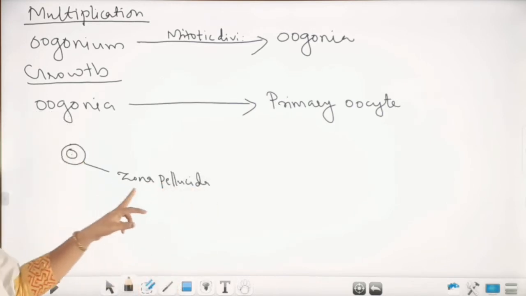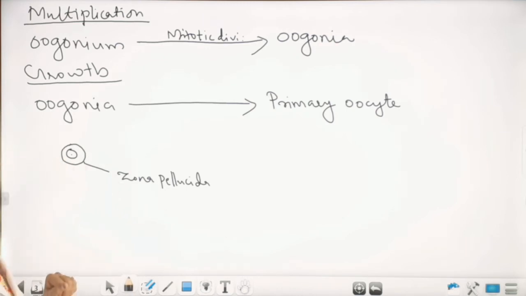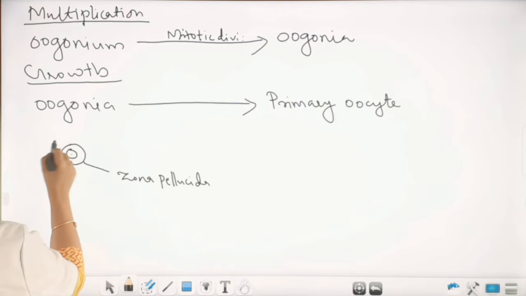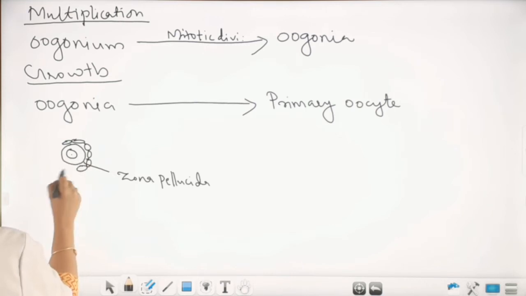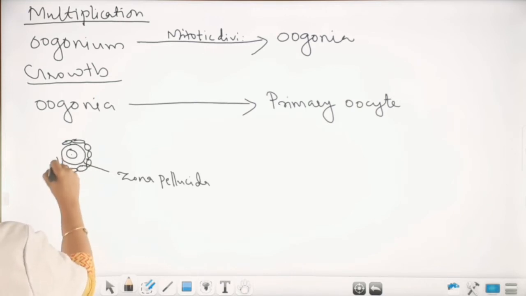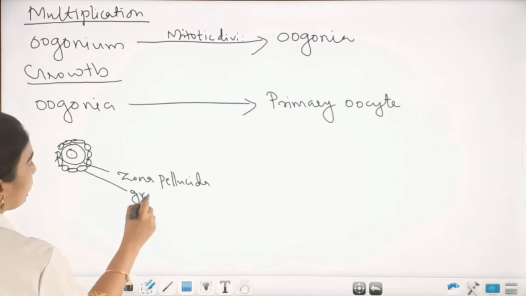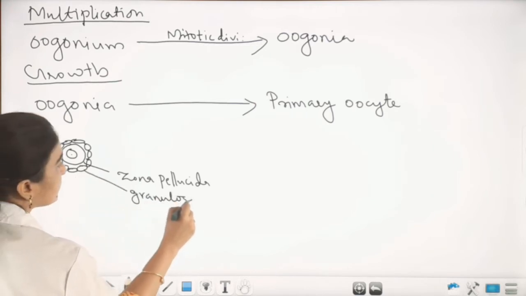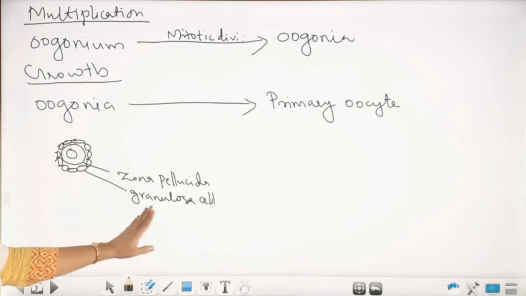The function of the zona pellucida is the transportation of nutrients into the primary oocyte, and this zona pellucida in turn is covered by a single layer of granulosa cells. You can see the granulosa cells here. So clearly, only a single layer of granulosa cells is here.